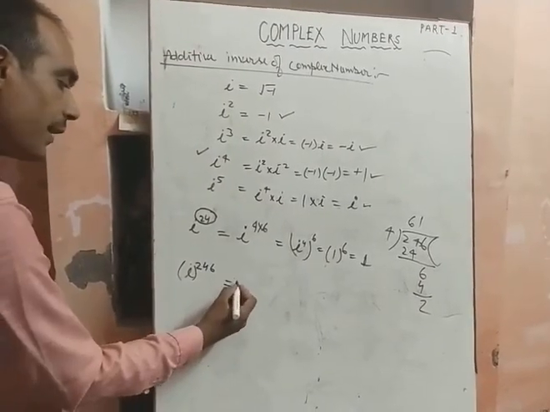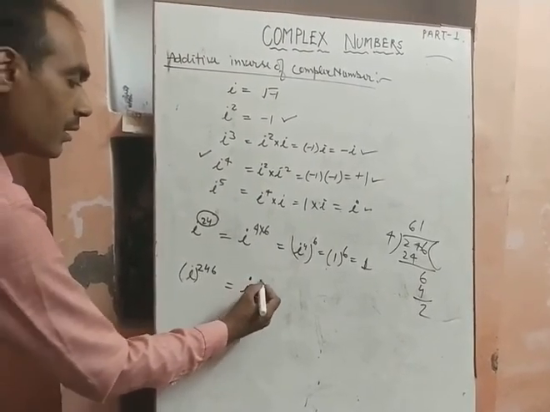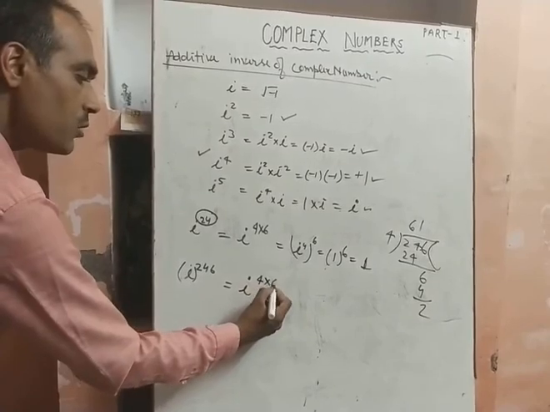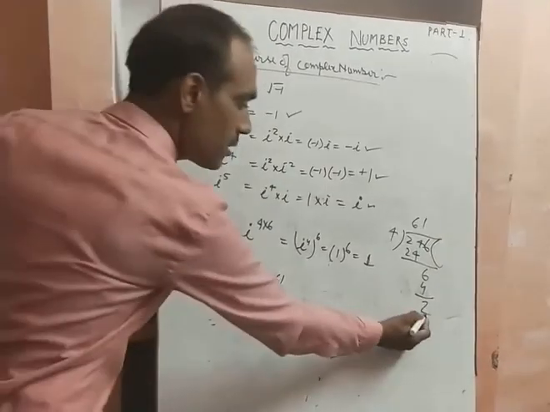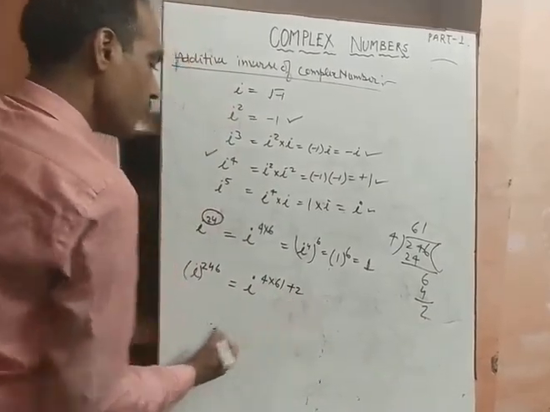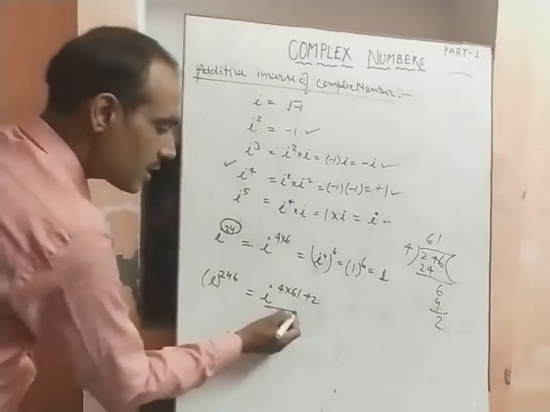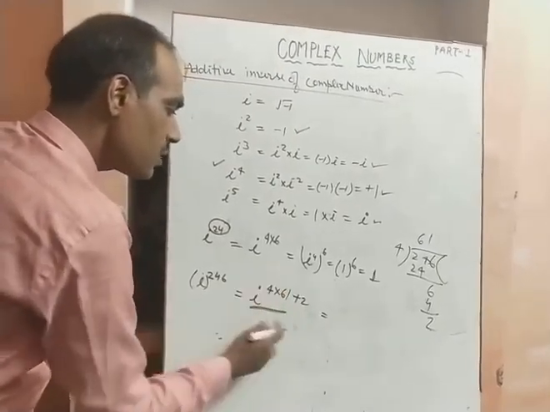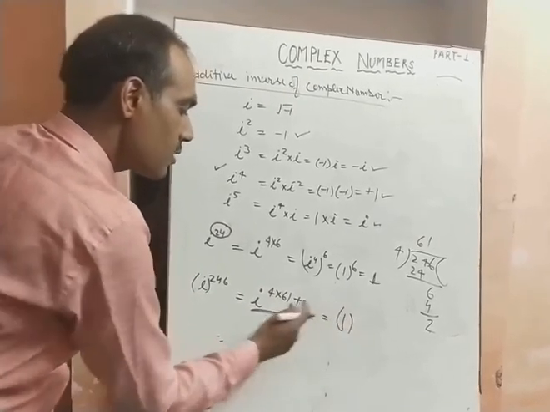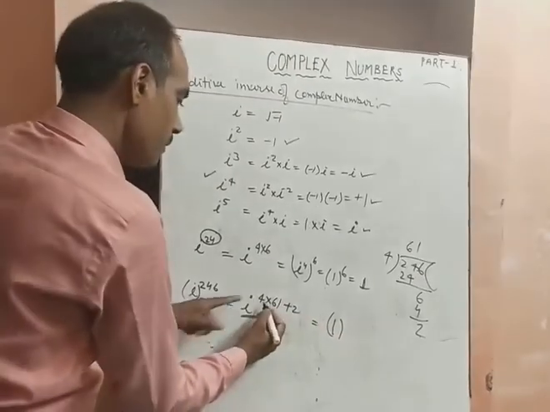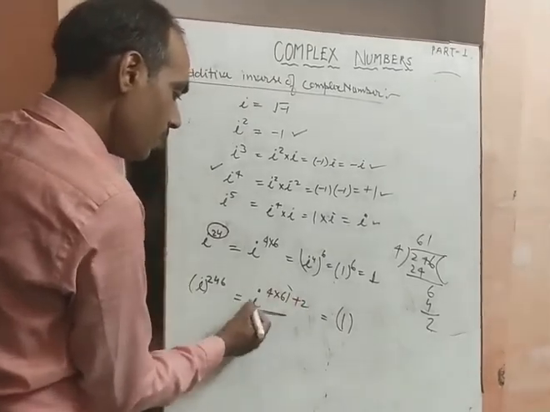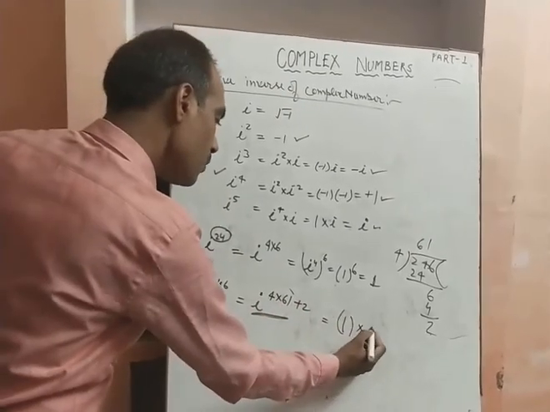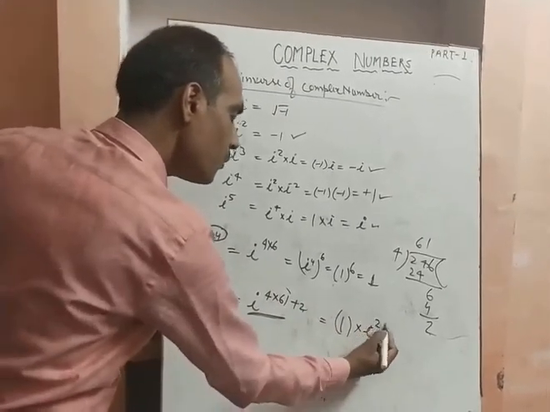Clear? Then we can write it as i raised to power 4 into 61 plus 2. The value of i raised to power 4 into 61 is 1, and this is multiplied by i raised to power 2.